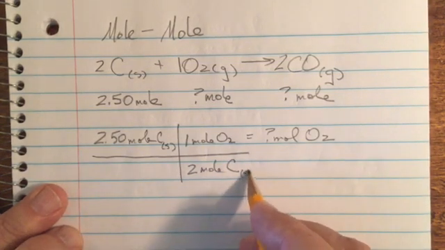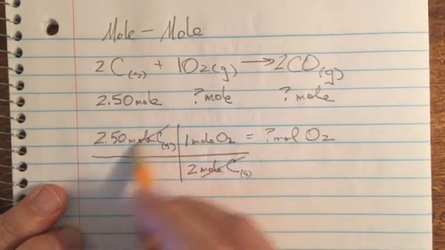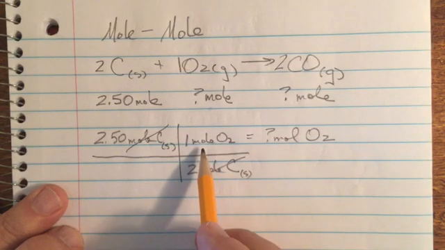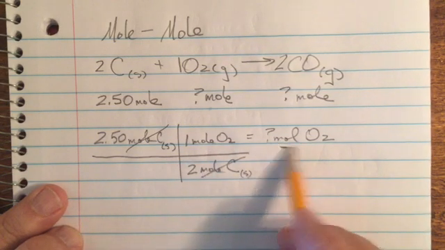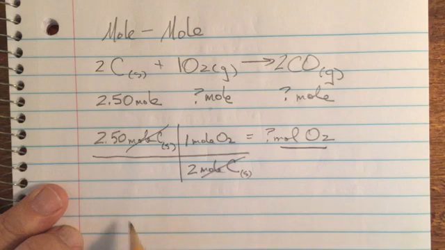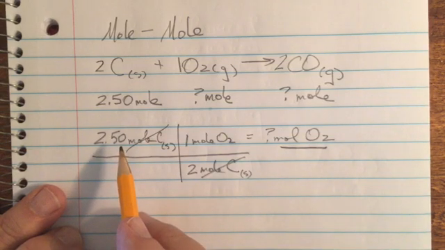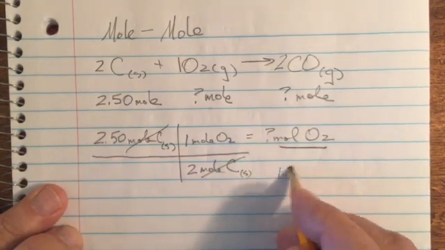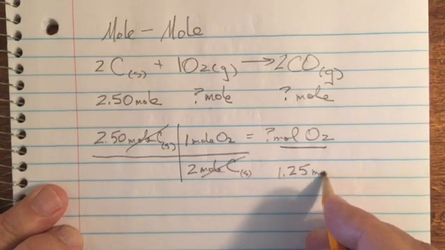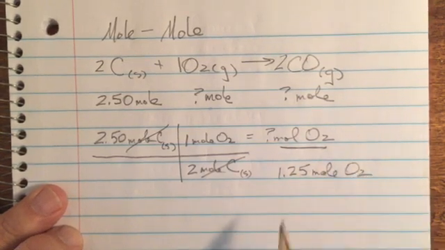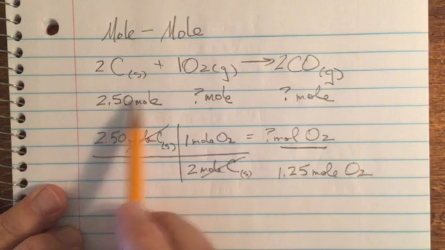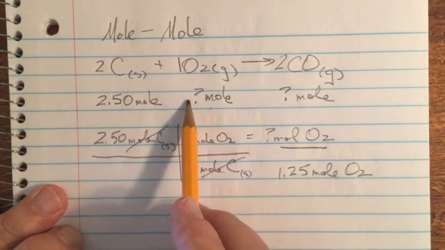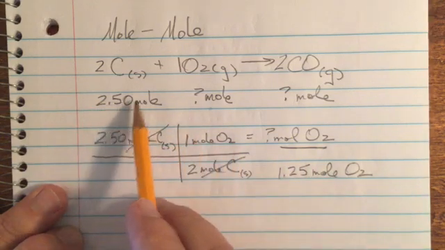And you see here that the moles carbon cancel, and the unit that's left in your answer is the one you're trying to find. The final answer is going to be 1.25 moles of O2. So if you have 2.5 moles of carbon, you're going to need 1.25 moles of O2 to react with that.